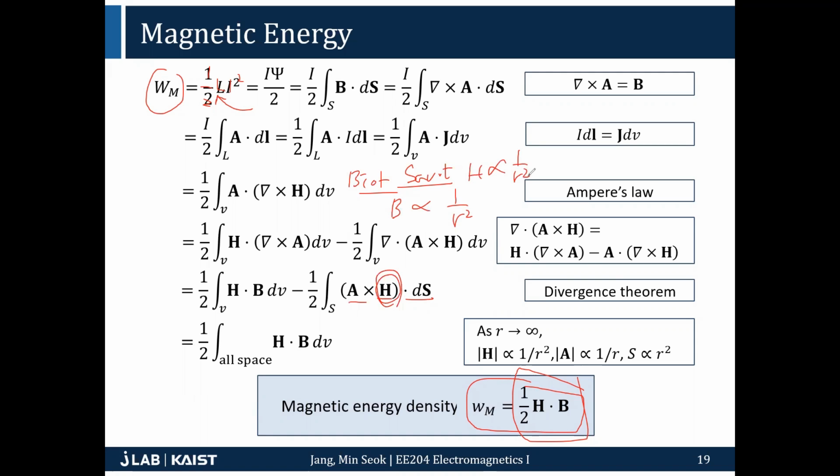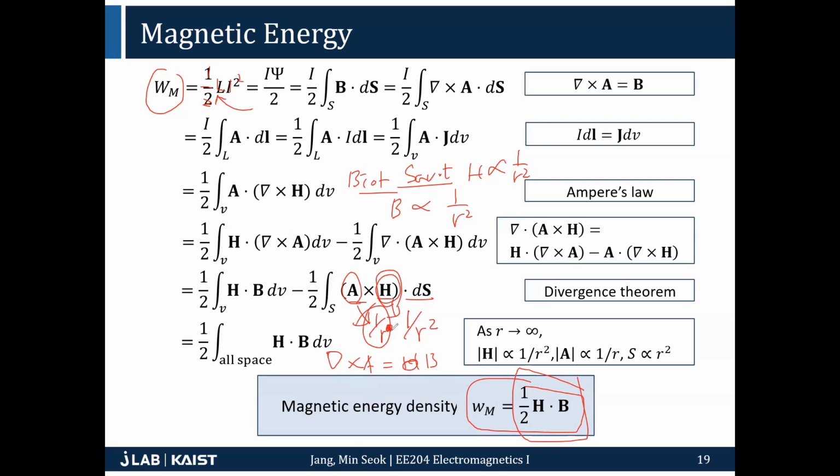So when R is very, very far away from the source, H must be proportional to 1 over R squared. And then A is just an integration of H, because curl of A is B. So the relation between these two is just an integration, so you have one dimension added.